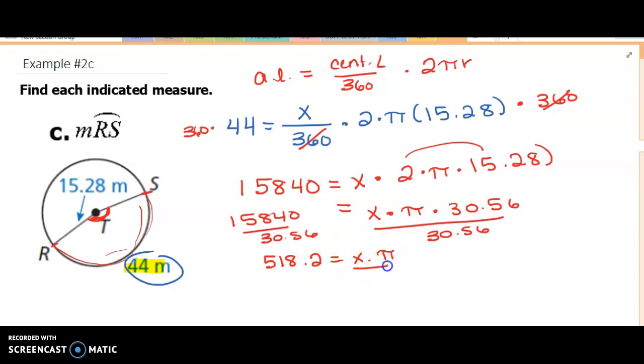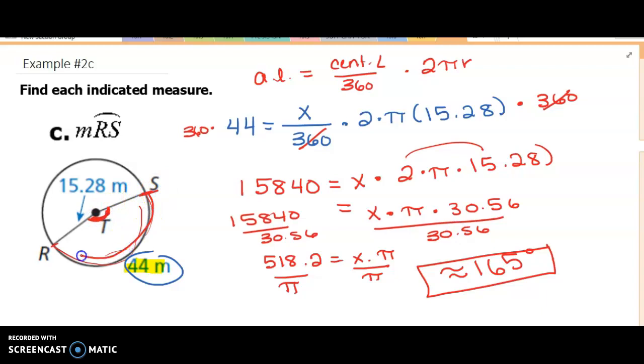If I divide it by pi, I get roughly 164.98, so I'm just going to say roughly 165 degrees. Okay, so there's my central angle. My central angle, remember, is also the measure of its intercepted arc, so that would also be the measure of arc RS.